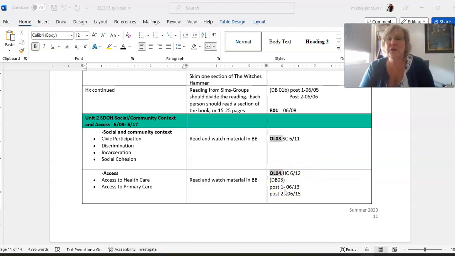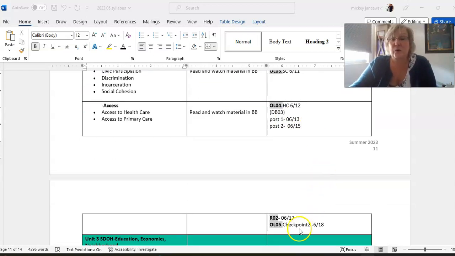And then you have a discussion board due the 13th and the 15th, which is beyond this week, but I'm just going over everything for Unit 2. And then, just like in Unit 1, you will have a reflection and you will have an online checkpoint too. The checkpoints and all of these assignments that you are doing are all to help you complete your final project.